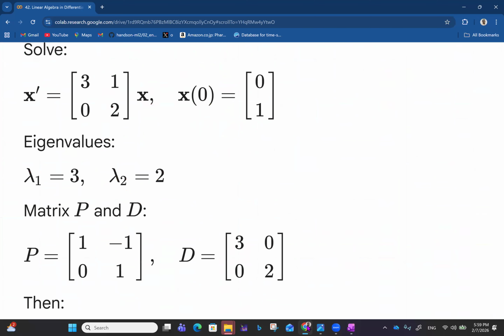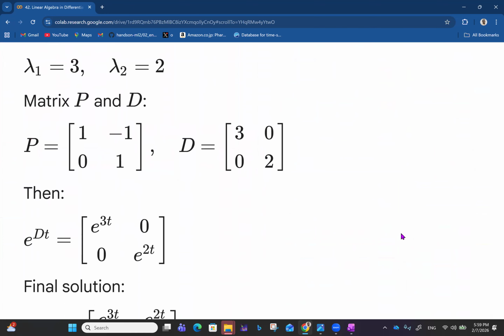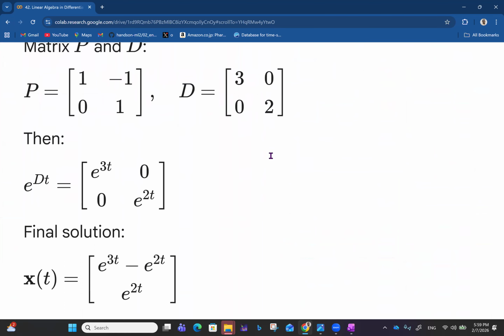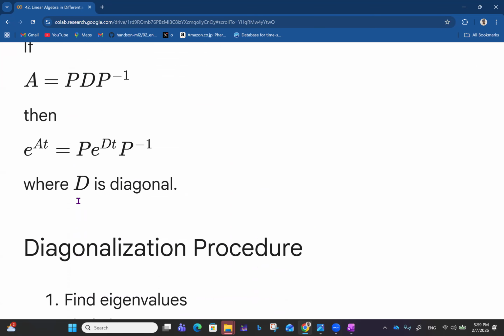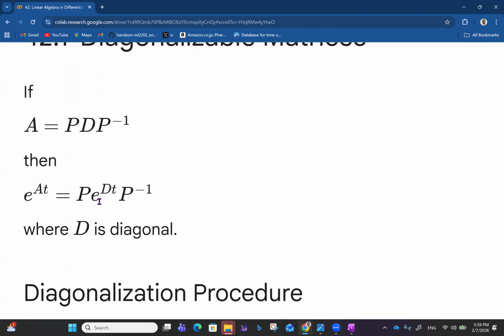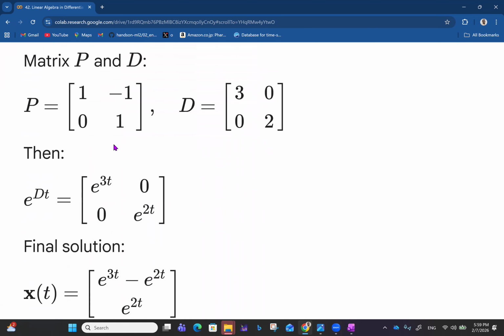Going back here now, I have explained how all of that should be. We have our P, we have our D, then we can compute e raised power Dt. Don't forget that e raised power At is equal to P e raised power Dt P inverse. So e raised power Dt will be [e^(3t) 0; 0 e^(2t)].